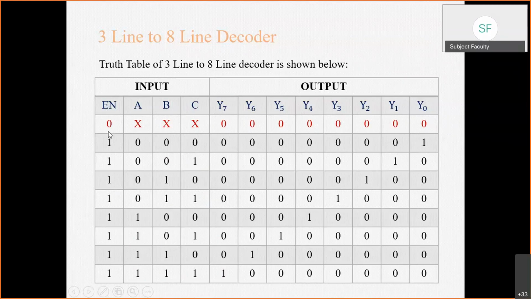If enable is kept 0, then what happens? One of the inputs of your AND gate will be 0. As soon as one of the inputs of an AND gate becomes 0, its output will always be 0. So no output is decoded.